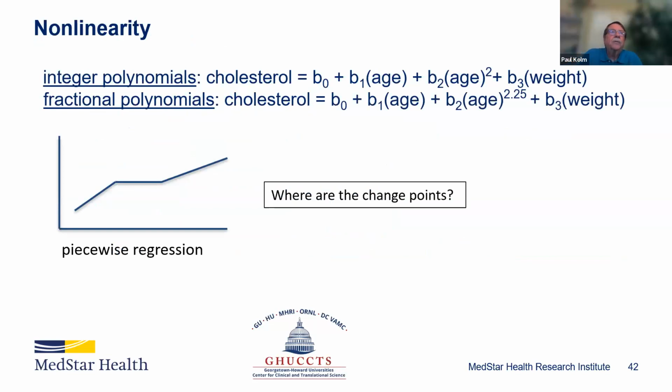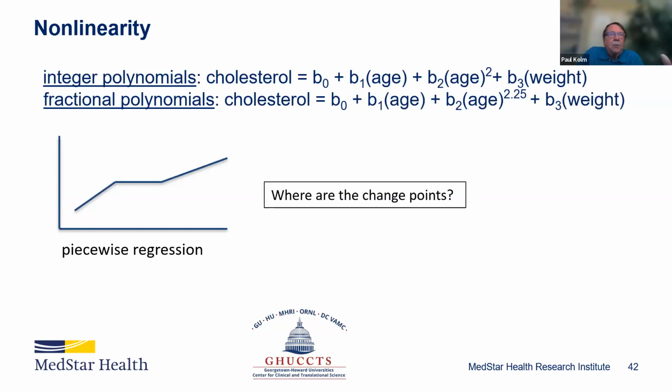Here in our first one, we're going to raise age to the 2nd power. If this turns out to be significant, we would get some sort of nonlinear relationship between age and cholesterol. Fractional polynomials are just that: they're fractions rather than an integer. So, for example, maybe we'll raise age to the 2.25 power.